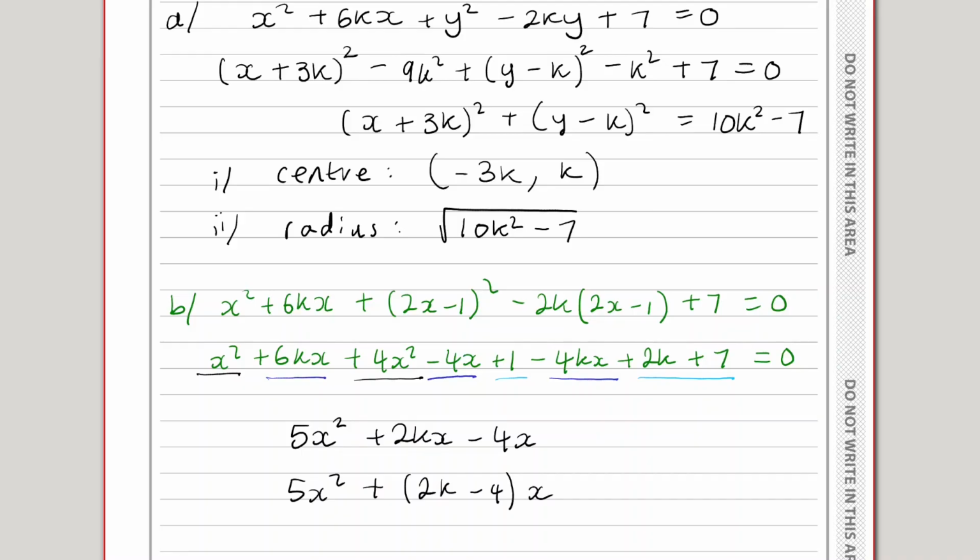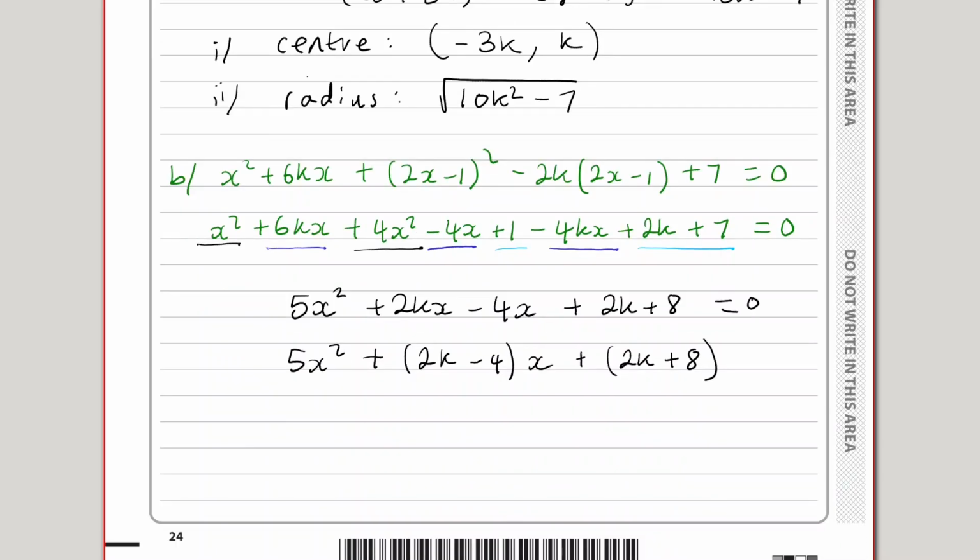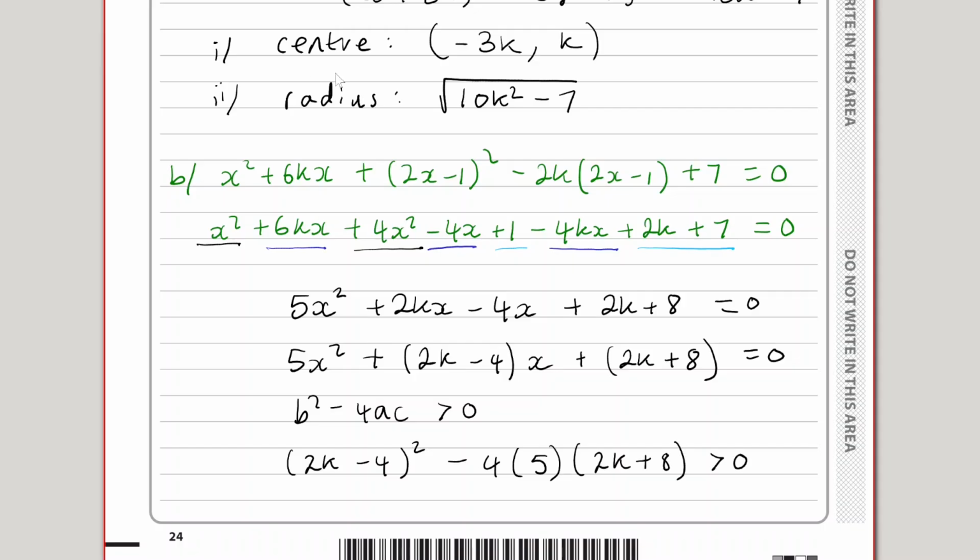Then we've got 2k plus 8. So that's our equation. And we know it's got two solutions. So b squared minus 4ac has to be positive. So that is 2k minus 4 squared minus 4 times 5 times 2k plus 8 has to be bigger than 0.